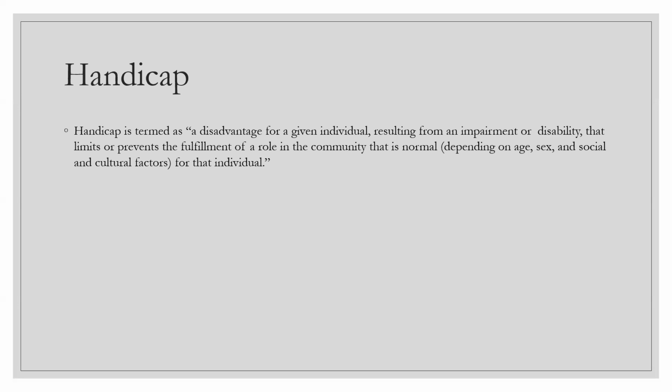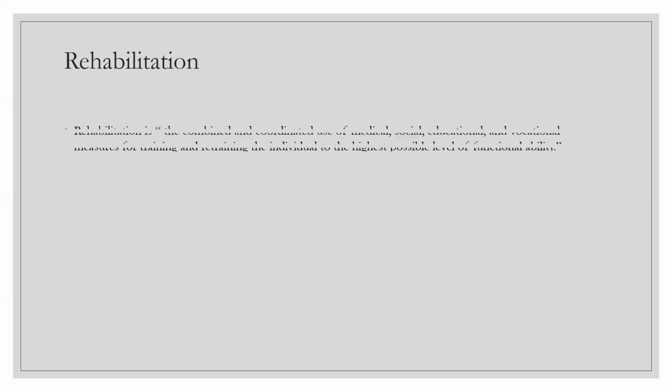Because the whole idea of tertiary prevention is to limit disability and impairment. Limit it. So the other side of tertiary prevention, we talked about limitation of disability, is rehabilitation. Rehabilitation is done for people whose disability has occurred and is irreversible.